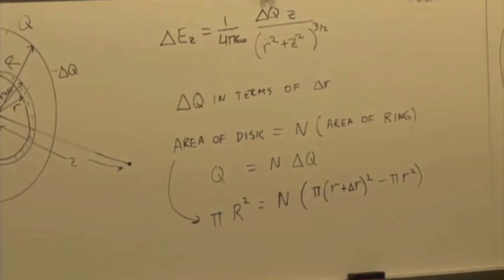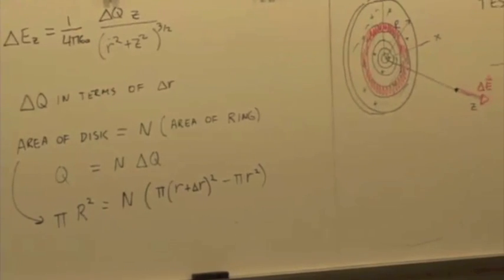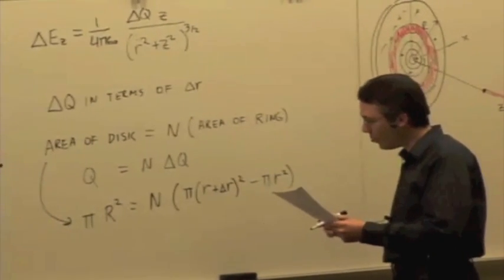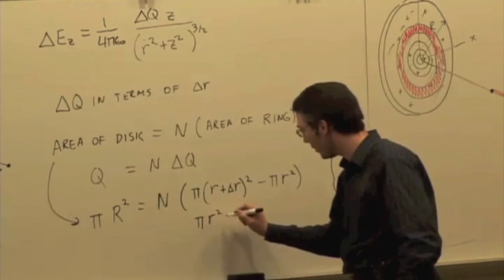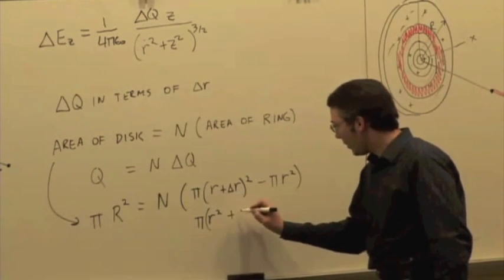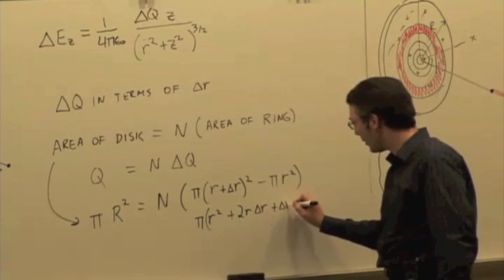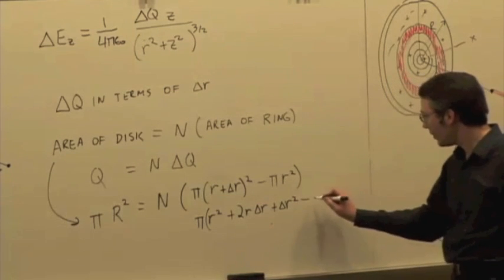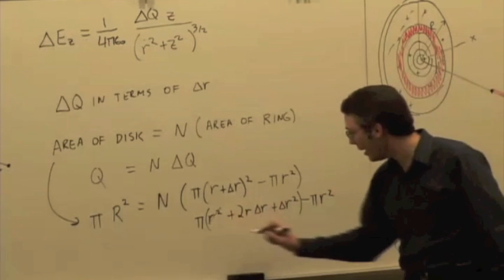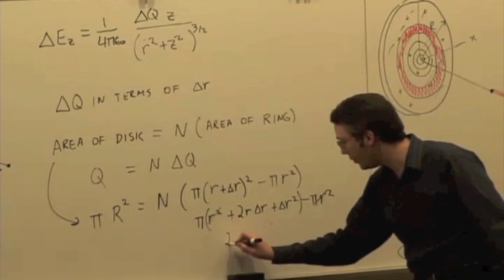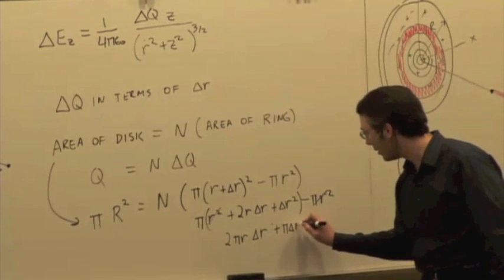Okay, that could give us the area of that ring. There's a lot of algebra here. Pi r squared plus 2r times delta r plus delta r squared, minus pi r squared. Well, the pi r squared is going to cancel out, and then we have 2 pi r times delta r plus pi delta r squared.